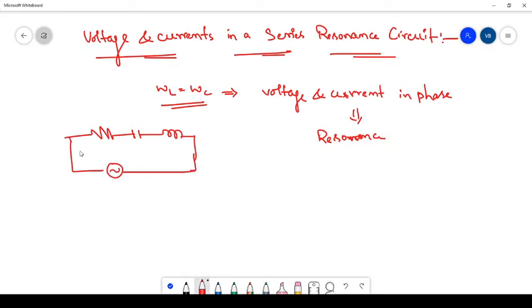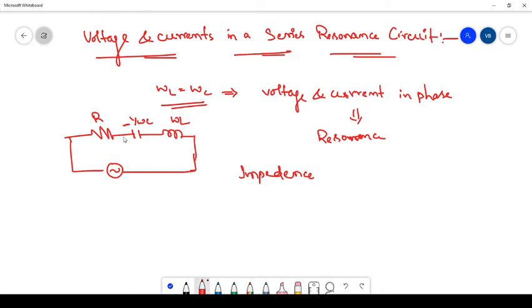And we saw the relation between impedance and current. So what is meant by impedance in a series resonance circuit? For example, this is R, and here we write 1 by omega C, and here omega L. The capacitive one is inverse, so we represent it with a negative sign.